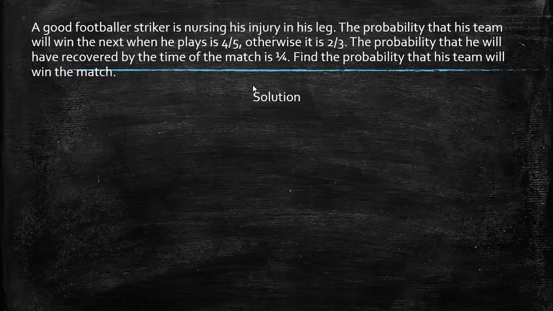Otherwise, it is 2 out of 3. The probability that he will have recovered by the time of the match is 1 out of 4. So we find the probability that his team will win the match. We can begin with one of the methods, so let's begin with the tree diagram.